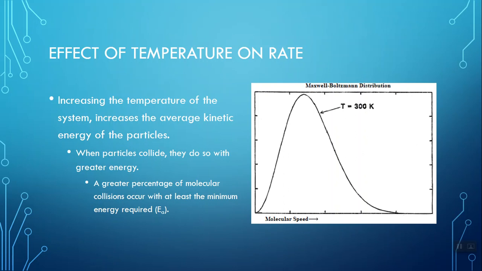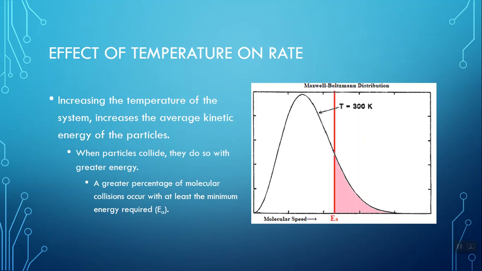That means that somewhere along this x-axis, along this speed axis, is the minimum energy required for reaction. So if we pick a spot and say, let's let this be our activation energy, this right here is how fast a particle must be moving in order to have enough energy to react. That means that every particle moving that fast and faster could potentially undergo reaction.